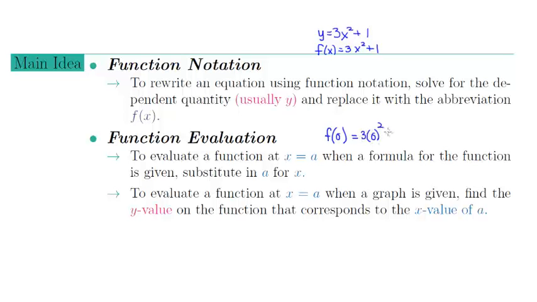This would give us 3 times 0 squared plus 1, which when we simplified equals 1. This tells us that f of 0 is equal to 1. And when graphs are involved, this further corresponds to the fact that 0, 1 lies on the graph of that function. 0 being our x value, 1 being our y value.